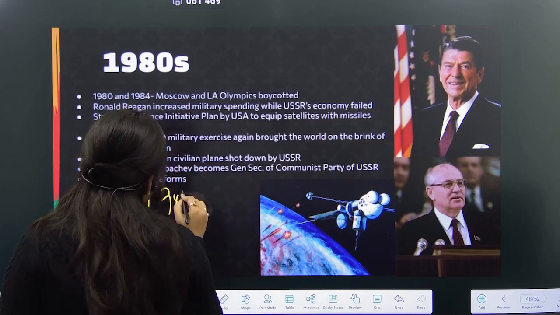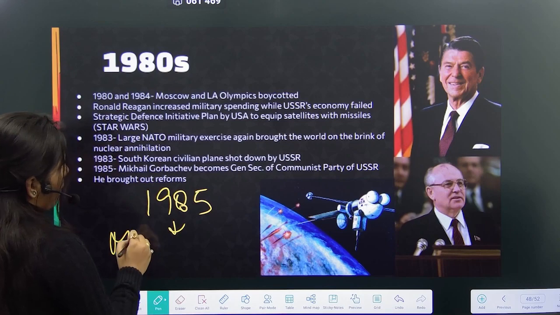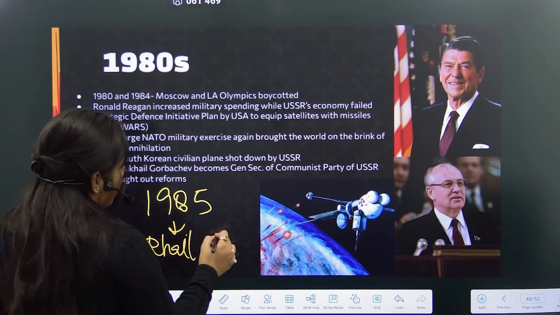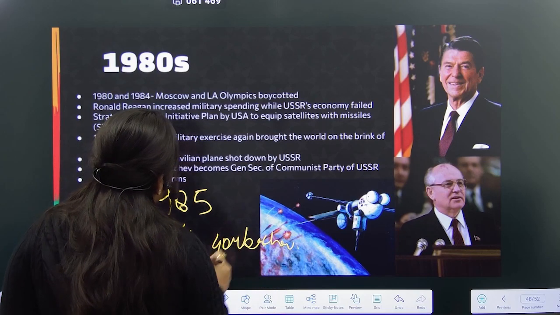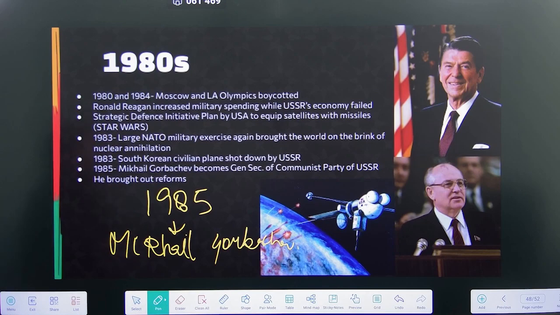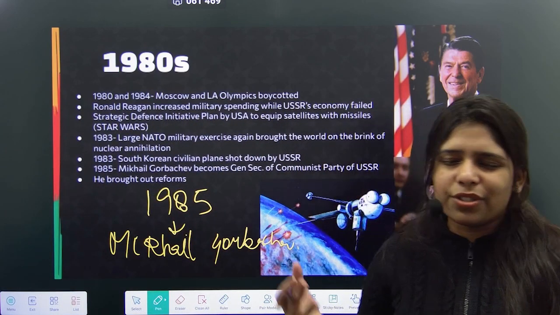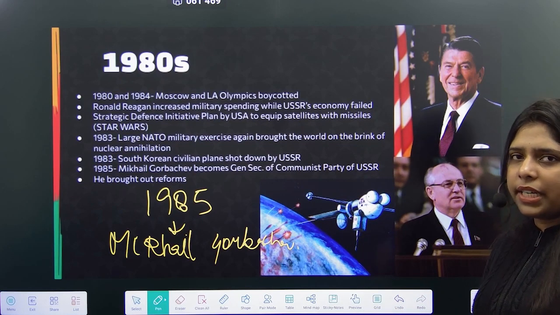But 1985 onwards, nothing big happened because Mikhail Gorbachev became the General Secretary of the Communist Party of the USSR, and he brought out reforms in the form of perestroika and glasnost, which you don't need to know right now. If you want to know, you can refer to the CUET lectures.